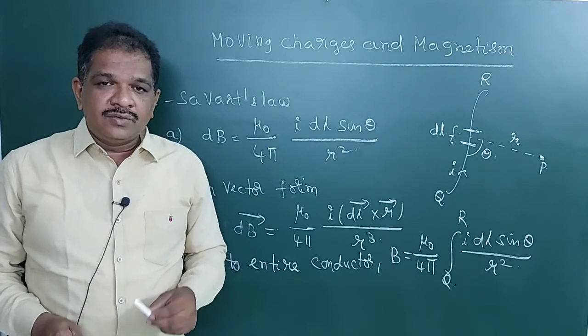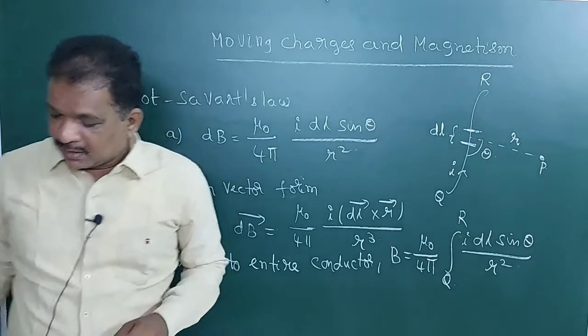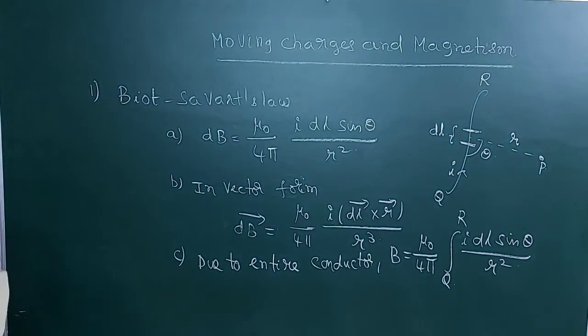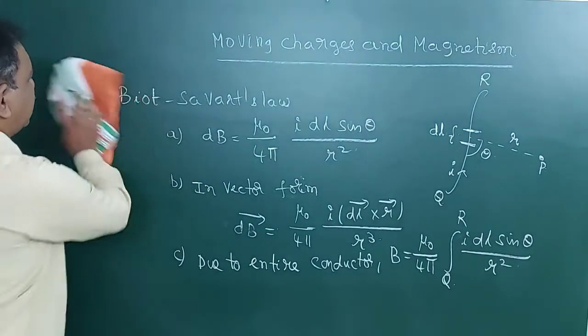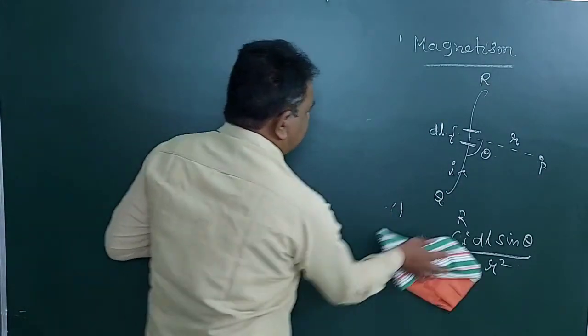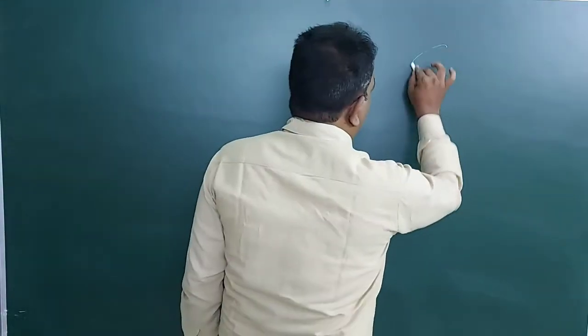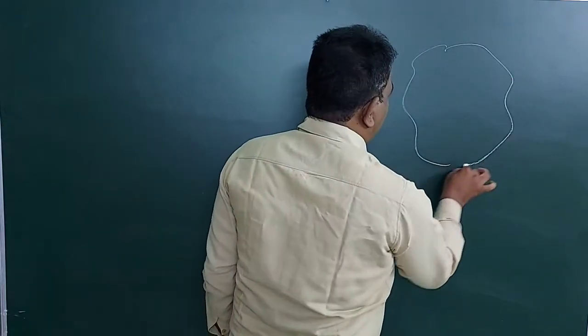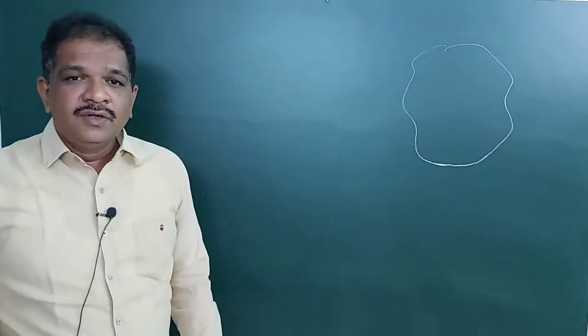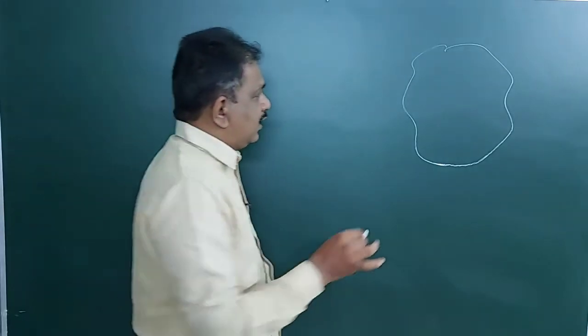Another formula to calculate the magnetic induction is Ampere's law. What it is saying, see, for example, there is a closed loop of any shape. In that loop, some current carrying wires are there.